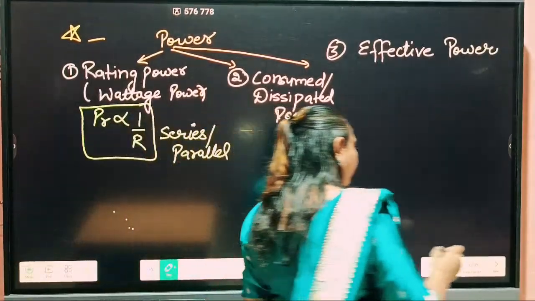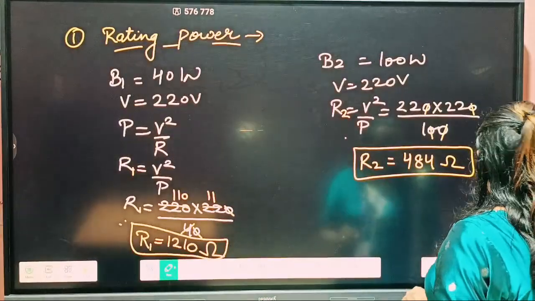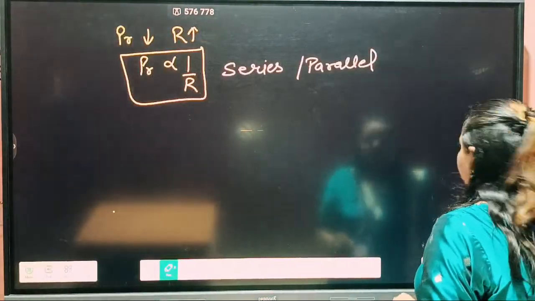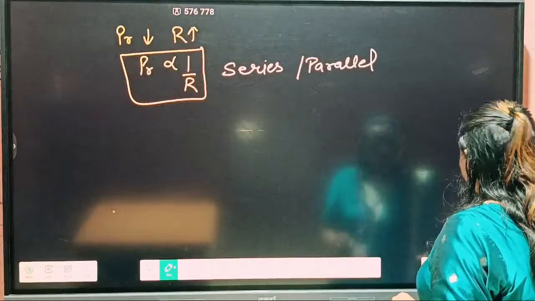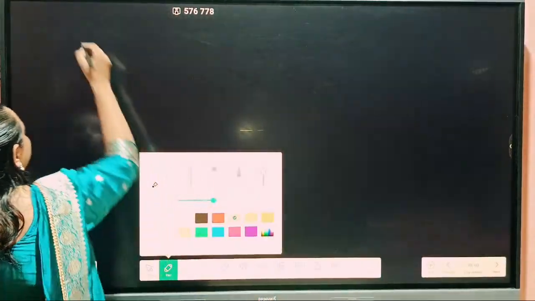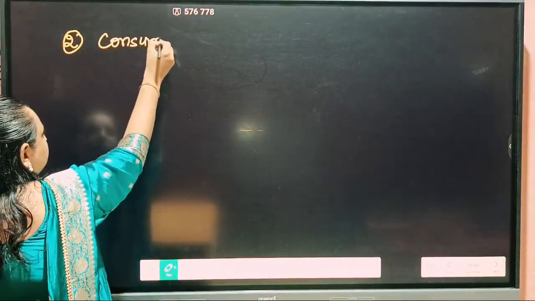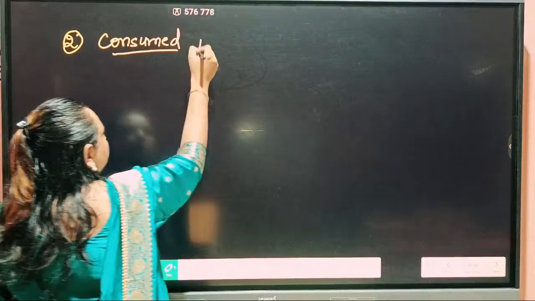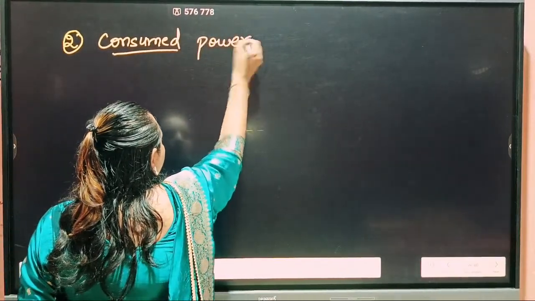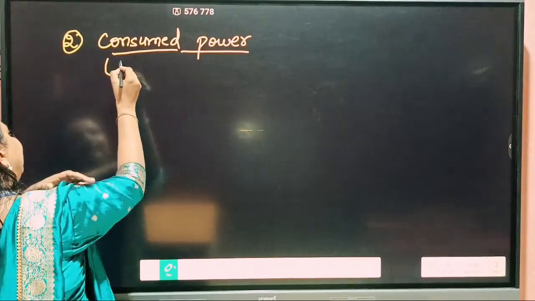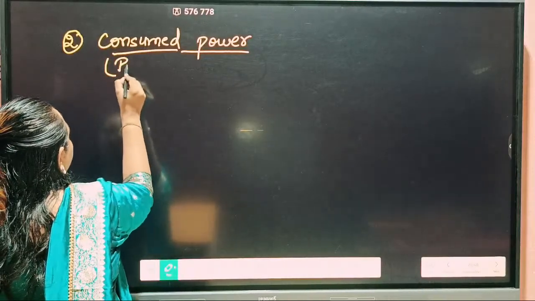Next we have consumed power. The second one is consumed power, or another name of it is dissipated power, या power dissipated.